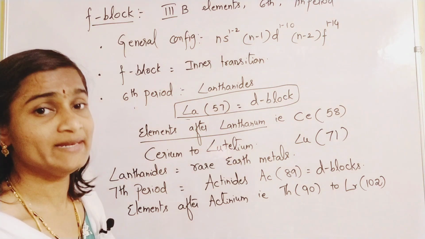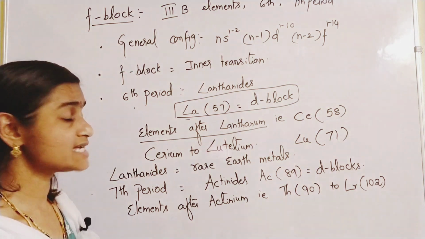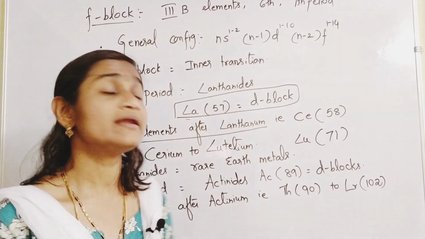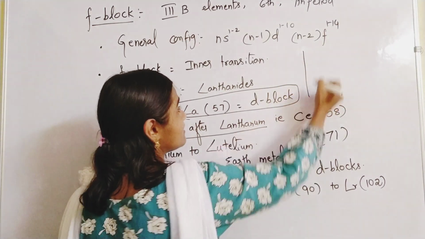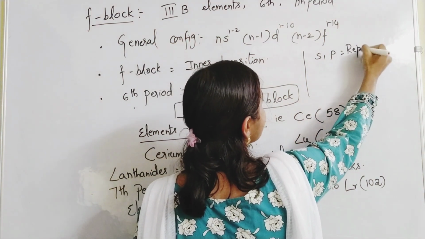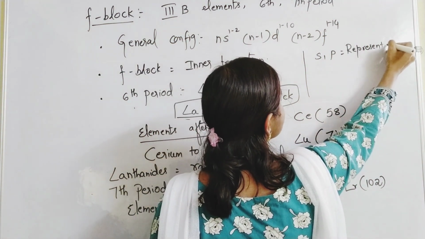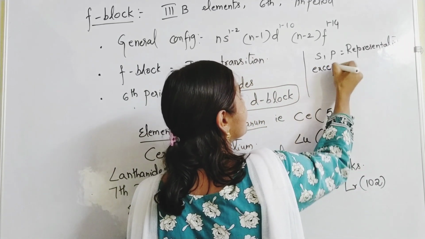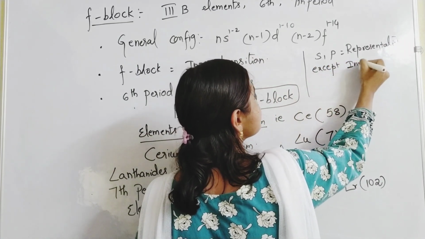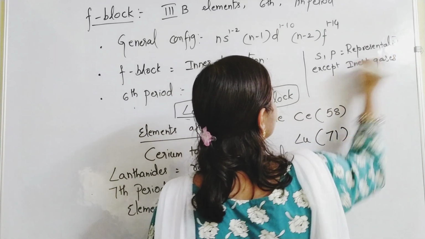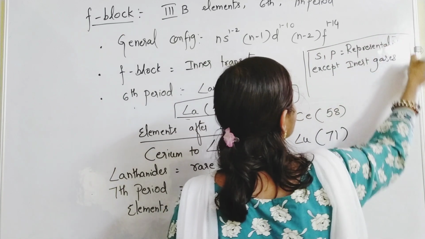So these are F block elements. Once again let us recall: S and P block elements are called as what? Representative elements, except inert gases. Please remember this point.